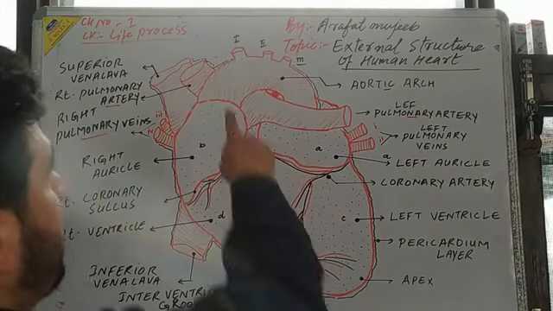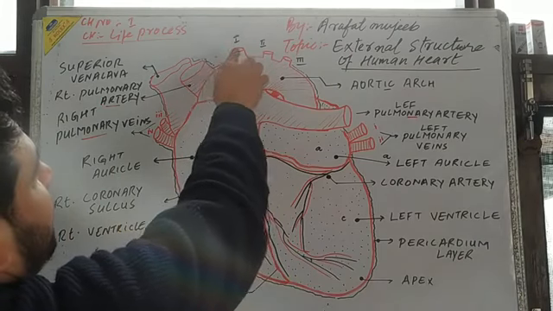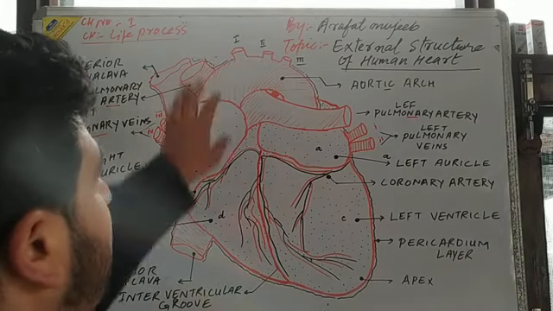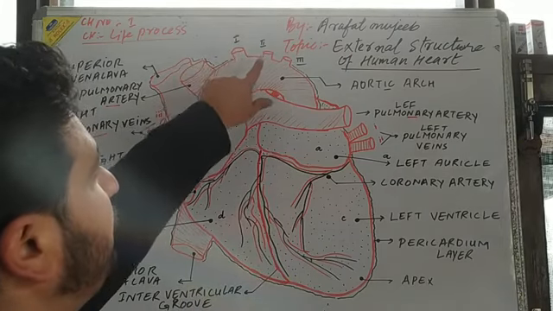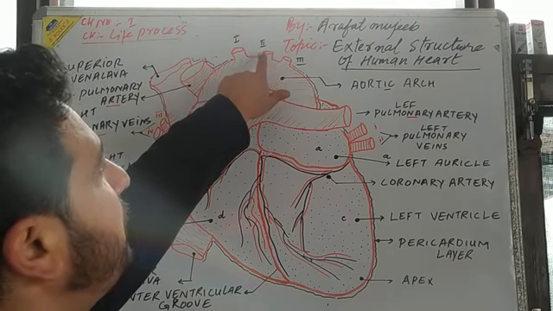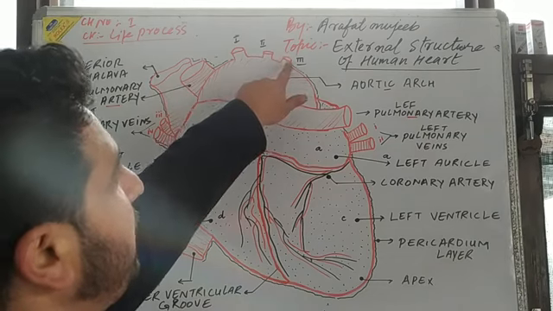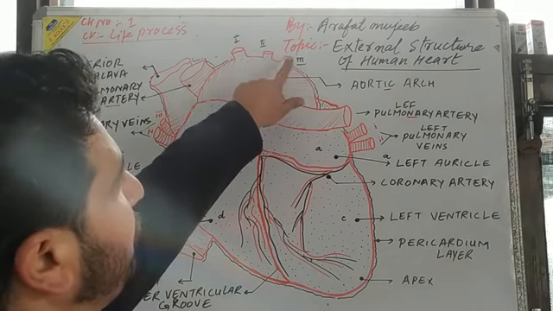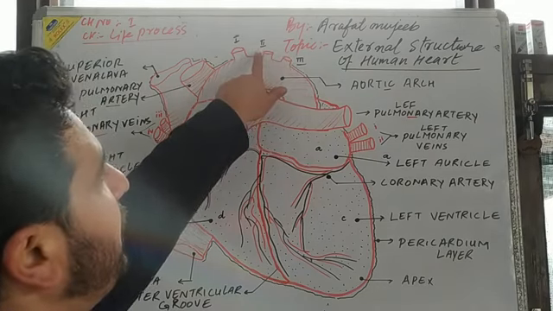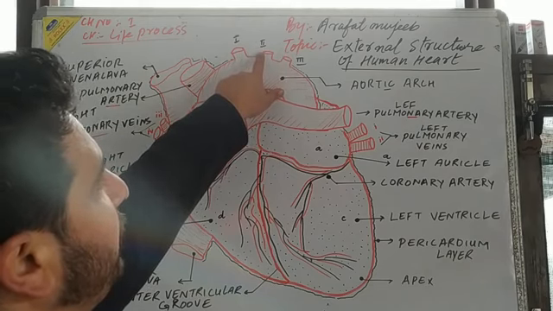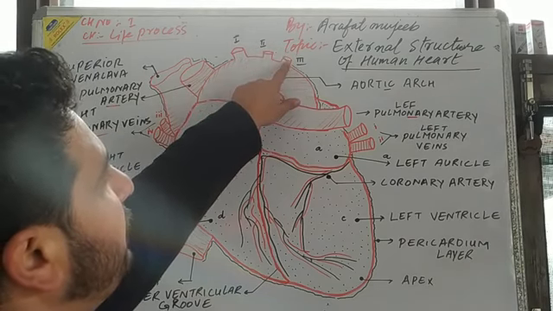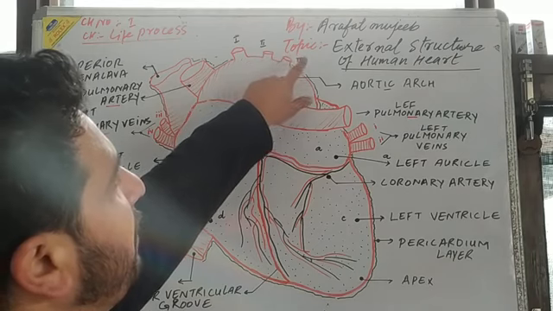This is known as the brachiocephalic artery. This is known as the left common carotid artery, and this is known as the left subclavian artery.